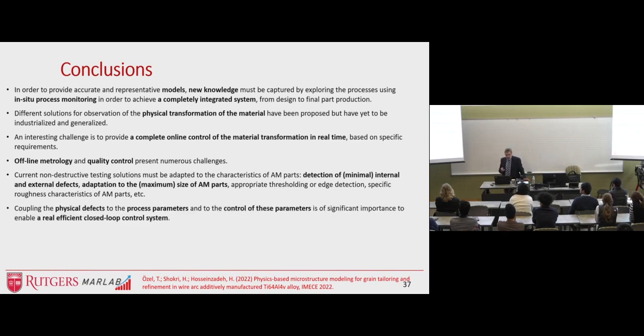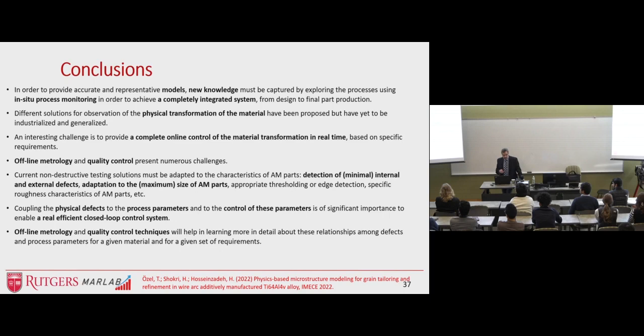And then obviously coupling those physical defects to the process parameters, also process signatures, so that we can control the parameters and provide improvement to the high quality part production, and also develop closed loop control systems. A lot of times monitoring just stops there. There is little control, so there is also need for control systems.